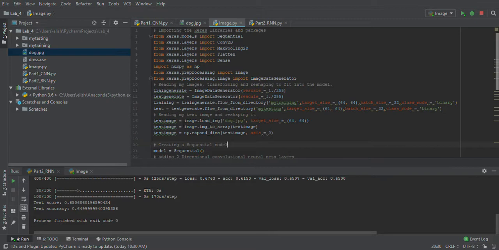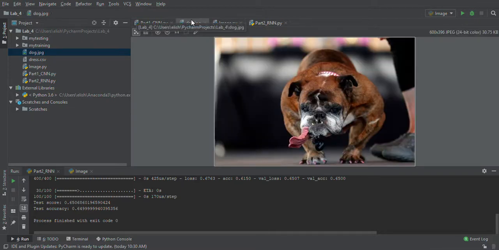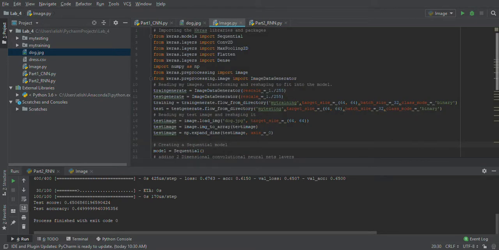Since this is a predictive model, I put a picture of a dog that I'll be using. I'll be using my model to predict whether this image is of a dog or a cat. So I reshape my image to be of the same shape as my training and test set.